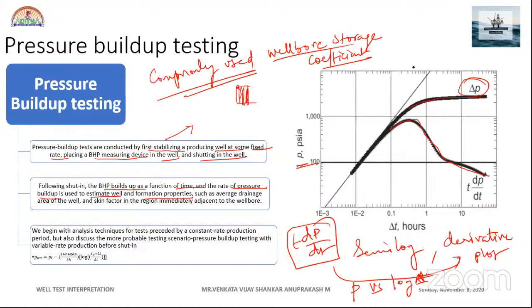So like this, it again can be divided into different regions. When you see there is a lot of gap between your actual and your derivative plot, this differs across different types of flow regimes.